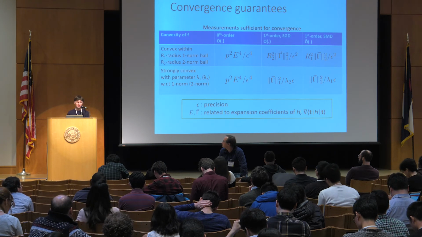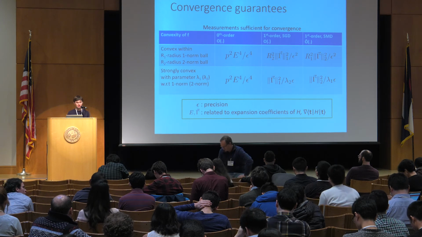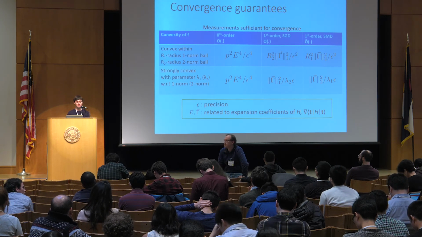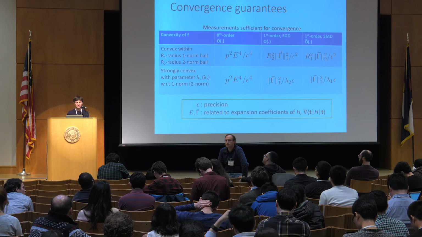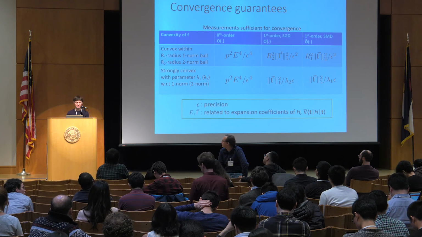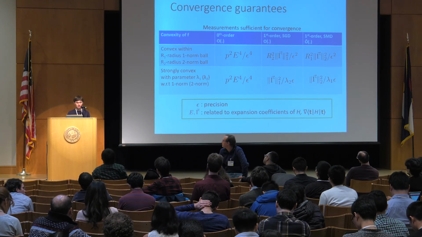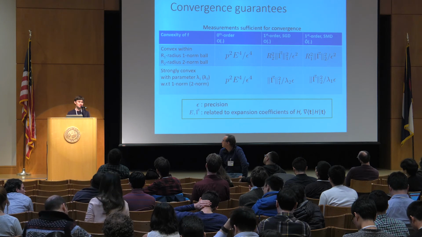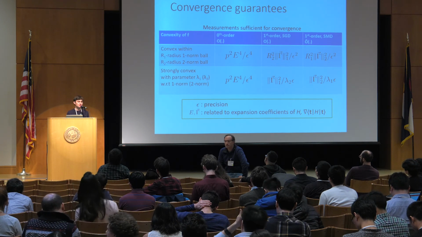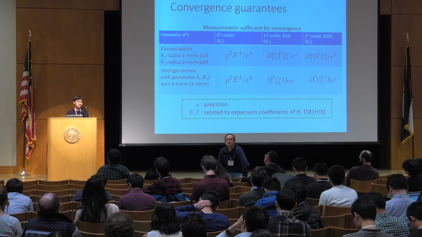The only assumptions we make on the feasible set are that it is convex. And then these R1 and R2 parameters are where the radius of that set comes into play. But we don't make any more specific assumptions other than that.